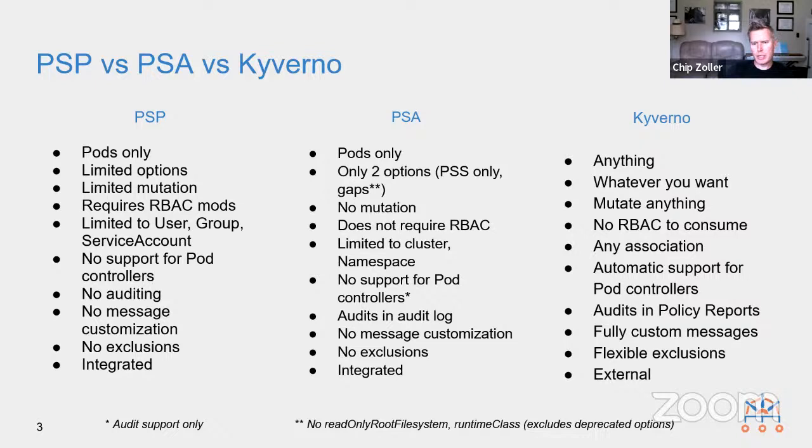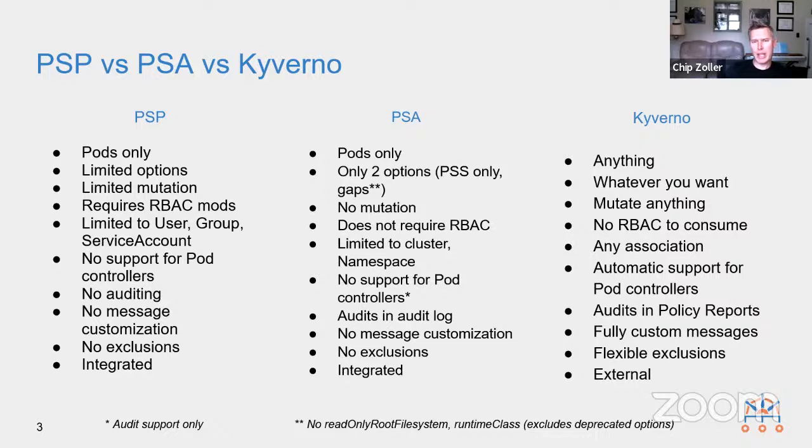In pod security admission, things have evolved a little bit. What they've done is they've broken down into buckets, if you will, the options that are available in PSPs, and separated them into what are called profiles. Pod security admission implements pod security standards, and that's where the profiles are.